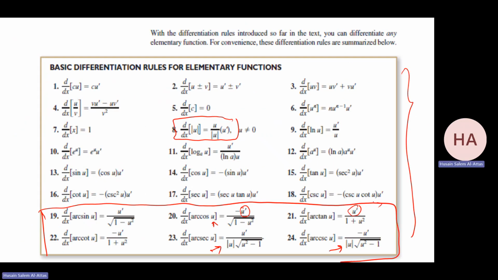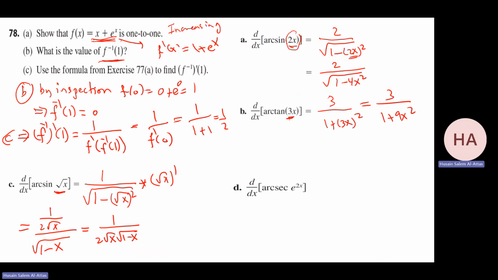For the secant, I need the absolute value of u times the square root of u squared minus 1. So this will be the absolute value of u, square root of u squared minus 1, times the derivative of this, which is 2e to the x.